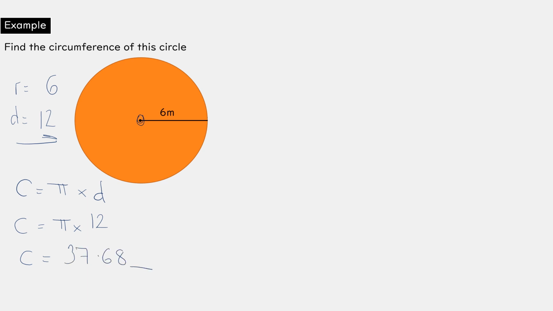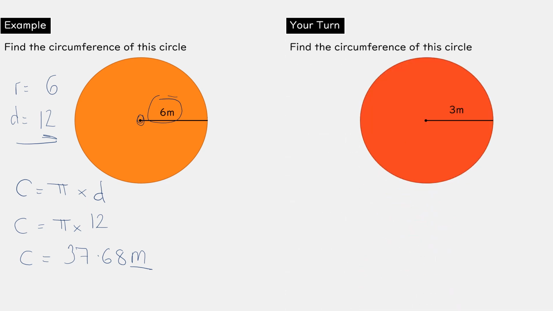Don't forget the units. I'll have a look back at the question. It's in meters, so therefore the circumference is in meters because it's just a length all the way around the outside of the circle. Again, it's now your turn, so pause the video, have a go at this question, and then we'll go through the answer to make sure you've got it right.